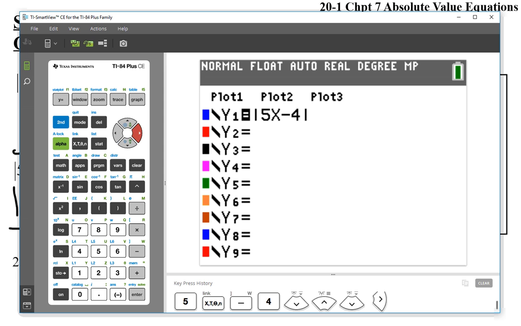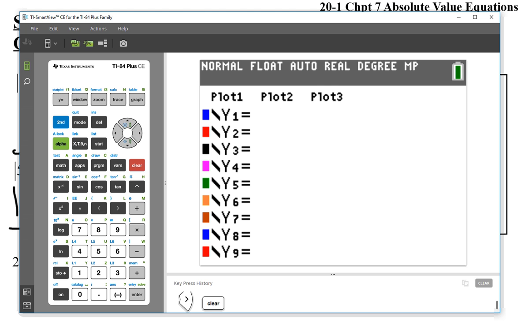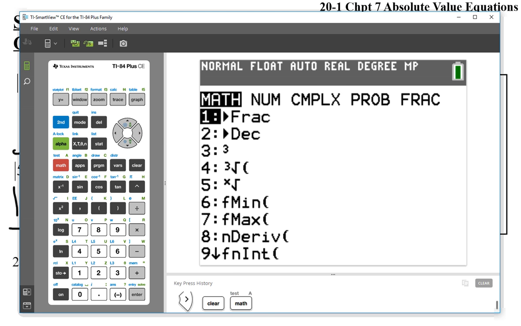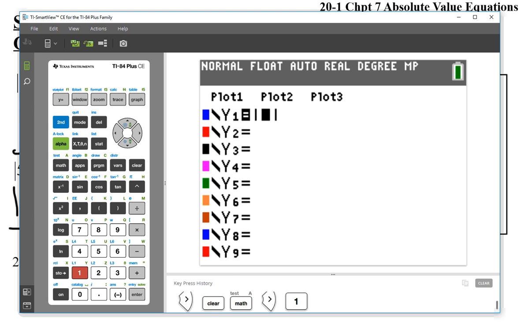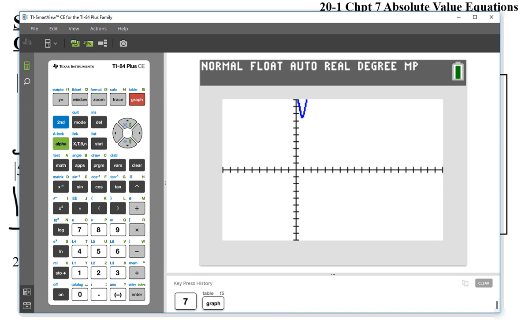Leave your absolute. What happened there? Let's try that again. Something went wrong on me. Scroll over. We have 5x minus 4. I want to leave the absolute sign, and then we had plus 7, and we're going to graph that.